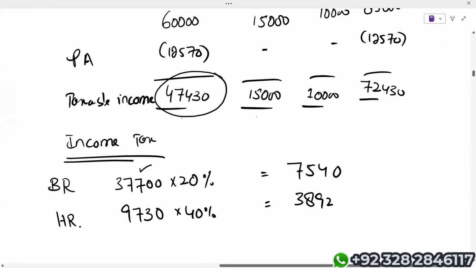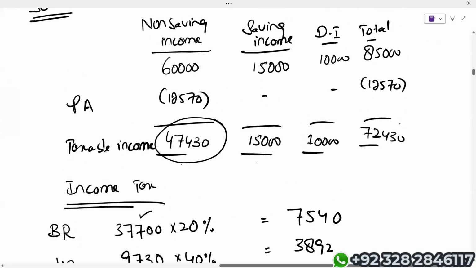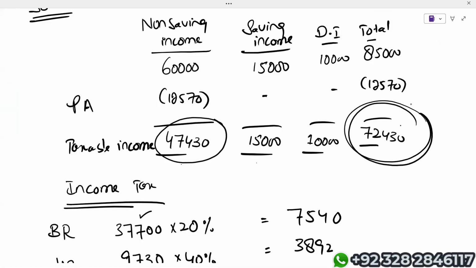But please, first you have to decide individual's tax paying status. Look at the last column, taxable income. The total taxable income is 72,430, which is more than the basic rate band.